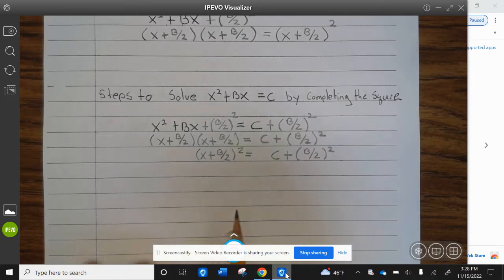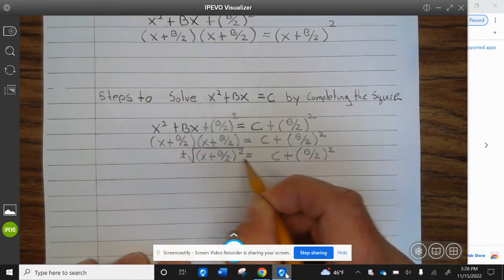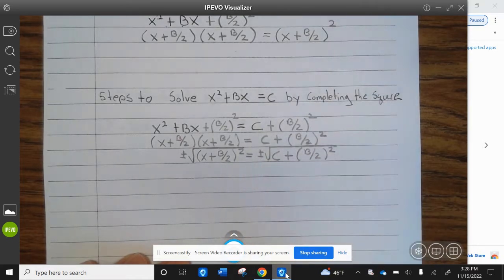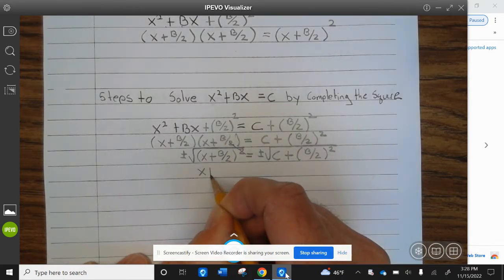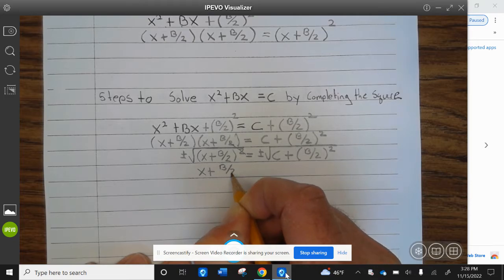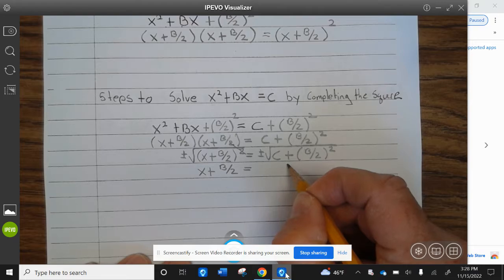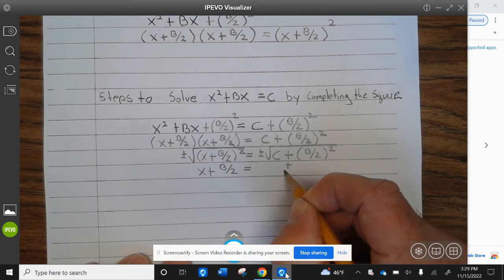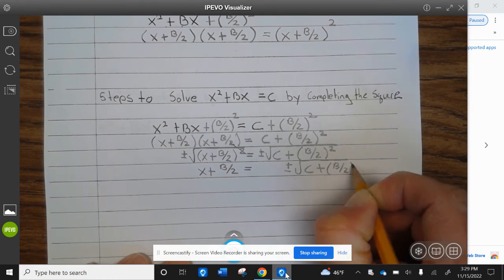Now, we're trying to solve for x. We're going to take the square root of both sides. Remember, that's plus or minus. Now, the square root cancels the squared, so you're left with x plus b divided by 2 equals plus or minus the square root of c plus b divided by 2 squared.